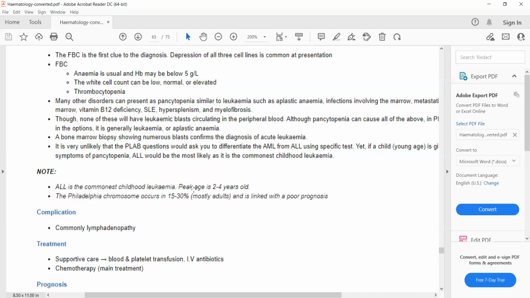So a bone marrow biopsy showing blasts confirms the diagnosis of acute leukemia. It is very unlikely that PLAB questions would ask you to differentiate AML from ALL using a specific test. Yet, if a child is presenting with the features of pancytopenia, ALL would be the most likely diagnosis because it is the commonest childhood leukemia.